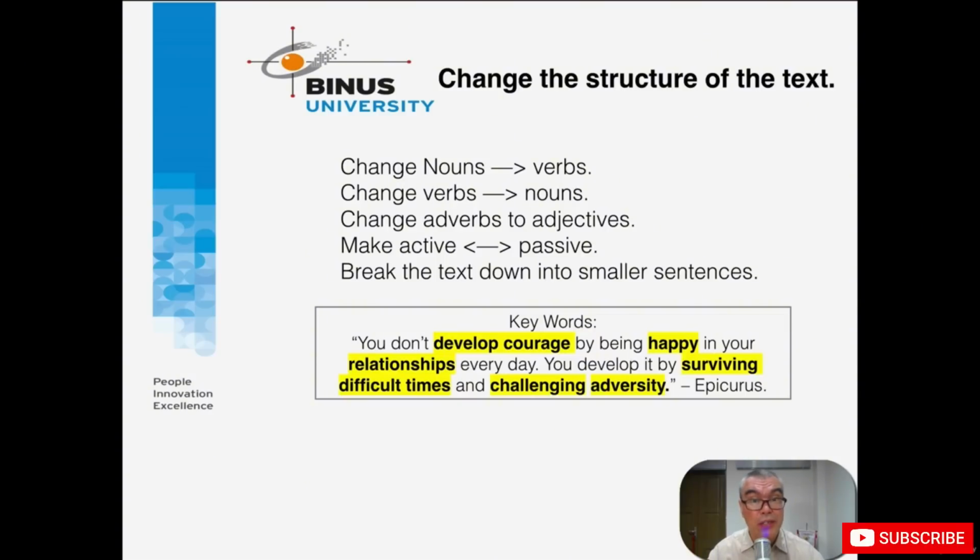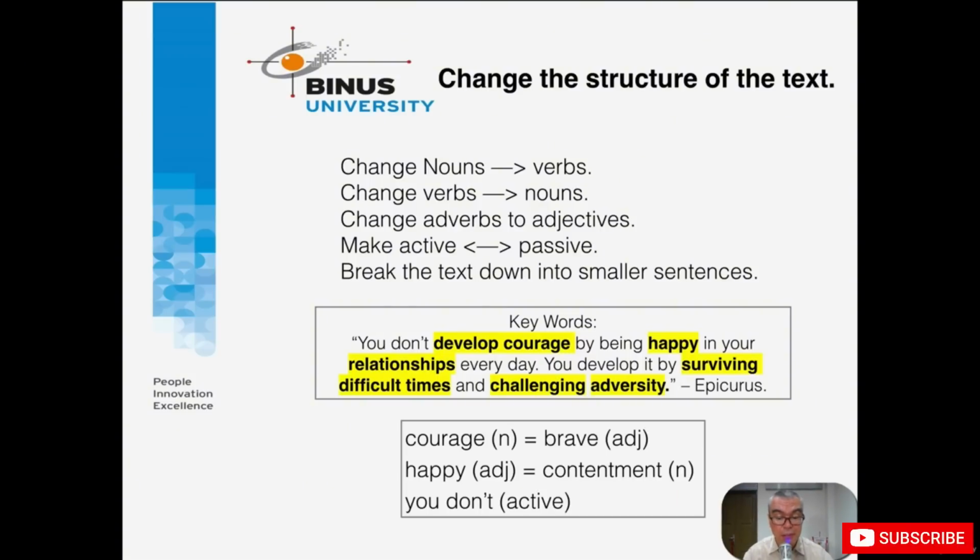We've thought about some of the alternative vocabulary you can use. Now let's consider the possible change in structure. So here are a few points. You can see that courage is a noun, and we're changing it to brave, which is an adjective. And then happy is an adjective, and we're suggesting something like contentment, which is a noun. And then you don't, of course, is in the active voice.